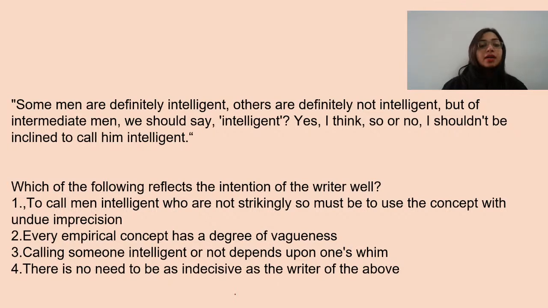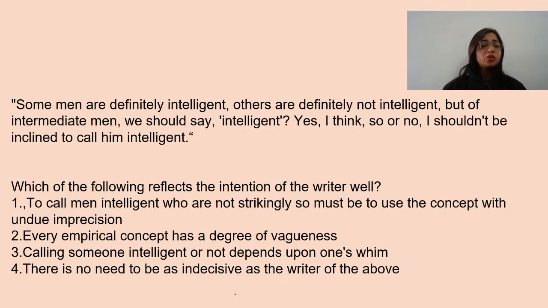So some men are definitely intelligent, others are definitely not intelligent, but of the intermediate men, we should say intelligent. So he's saying that definitely some men are not intelligent and some are definitely intelligent. What about the ones who fall in between? Can you call them intelligent?